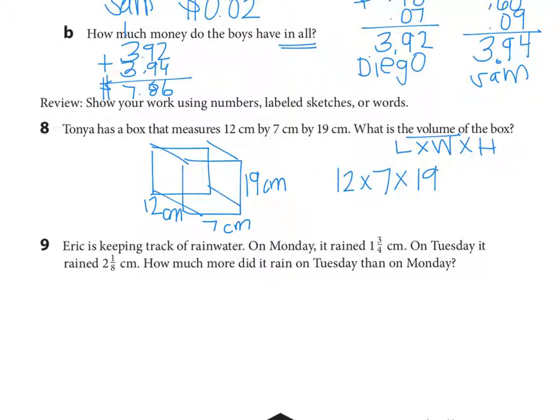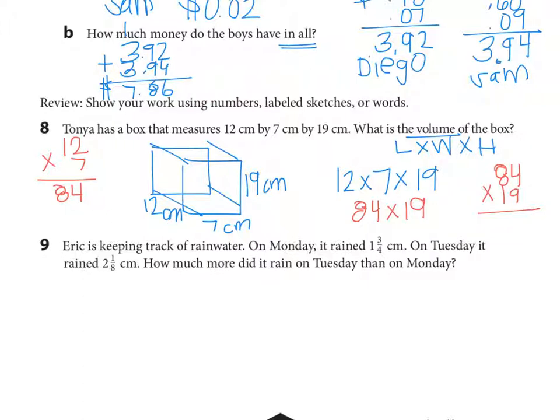And so now I'm going to go ahead and multiply 12 times 7. I'm going to just go ahead and use the standard algorithm for multiplication. So 12 times 7, I could also know this based upon my facts of 12. So that's 84. 84 times 19, again I'm going to use the standard algorithm for multiplication. There's several ways to solve this. This is just one.